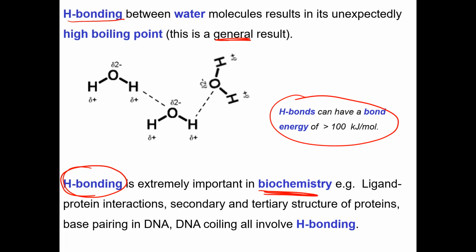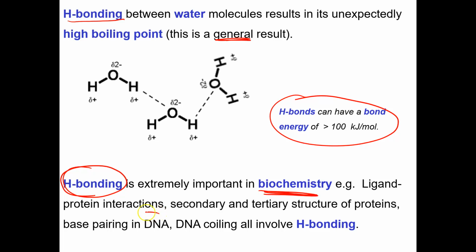When a molecule, or what we might call a ligand, binds to a receptor site in a protein, it almost always does that through hydrogen bonding. When proteins fold to form particular shapes, which we call the secondary and tertiary structures of proteins, they do so by forming hydrogen bonds.